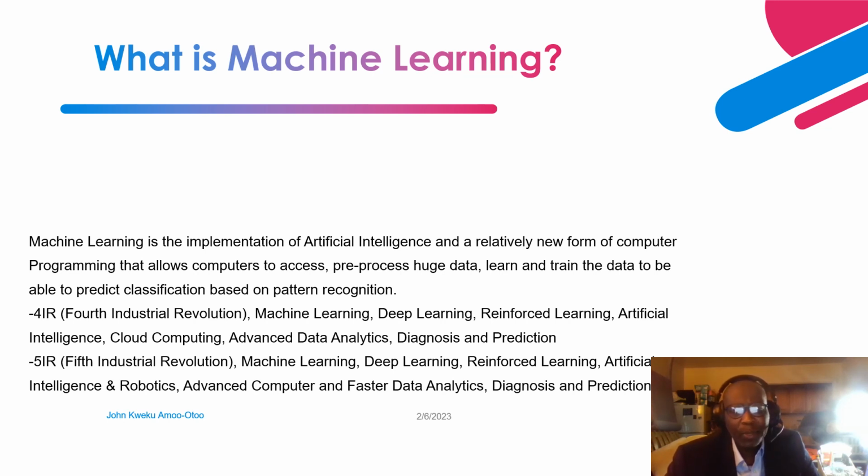Machine learning is an implementation of artificial intelligence. Artificial intelligence has been around for some time, right? But machine learning just evolved out of artificial intelligence, so it's a branch that just evolved on its own, and a relatively new form of computer programming.